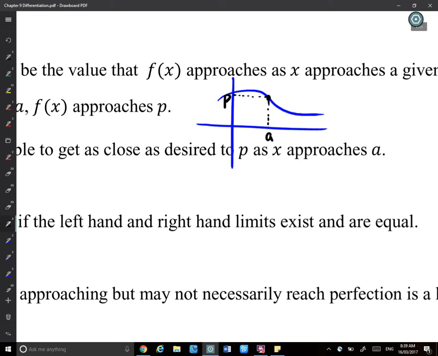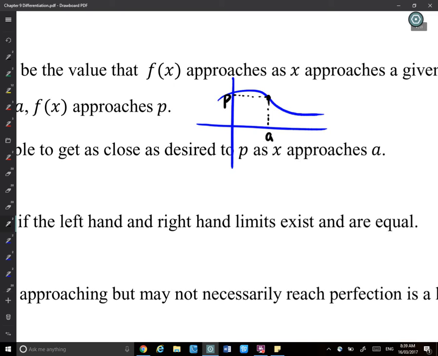And you can think about your y value. When x is getting closer to a, the nearer to a, the closer your y value approaches this p value. If you go from this side, for example, you have 0.01, and then decrease another 0.01, it's approaching this height.